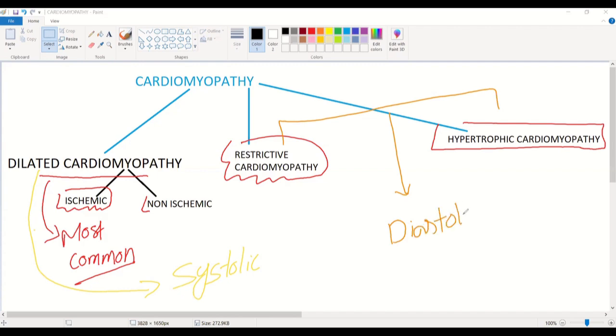Diastolic heart failure means impaired ventricular filling. So the systolic heart failure means decreased contractility.